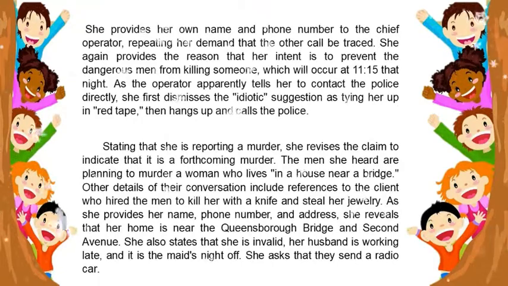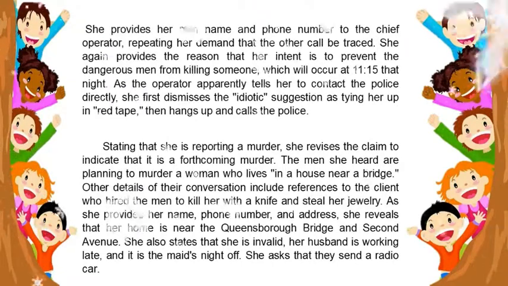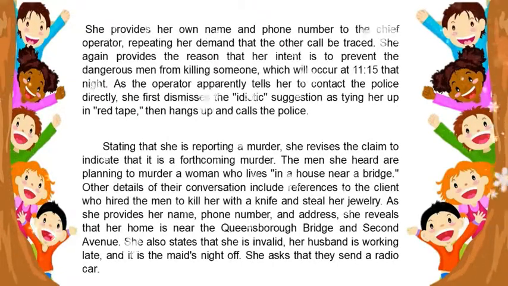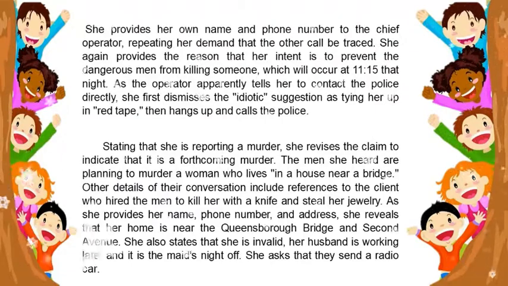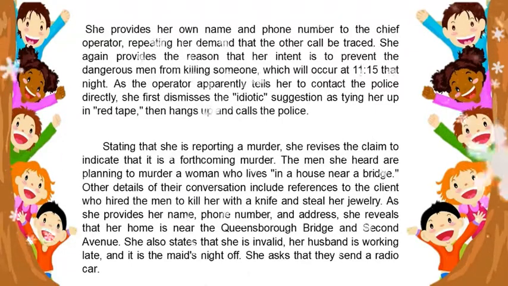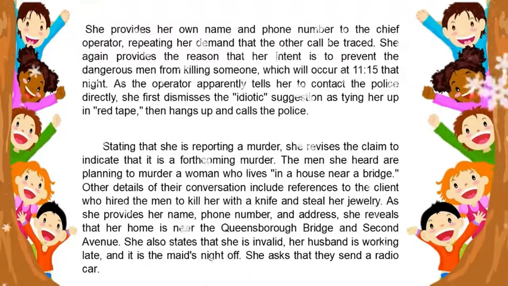She provides her own name and phone number to the chief operator, repeating her demand that the other call be traced. She again provides the reason that her intent is to prevent the dangerous man from killing someone, which will occur at 11:15 that night.